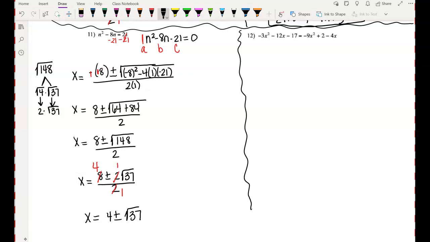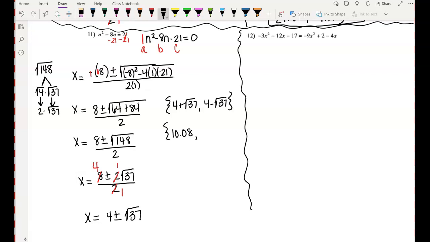When that is simplified, 4 plus radical 37, 4 minus radical 37 would be in simplified radical form. And then we just have to get that to decimal form. So 4 plus radical 37, we should get 10.08, rounded to the nearest hundredth.